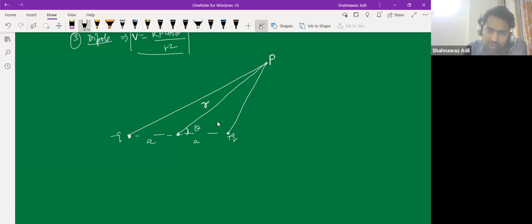One was this, called the axial point, and then we had another region, which was the equatorial point.